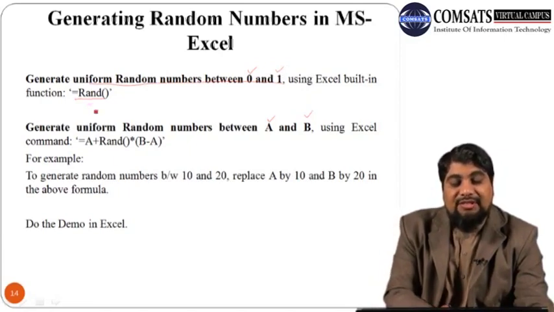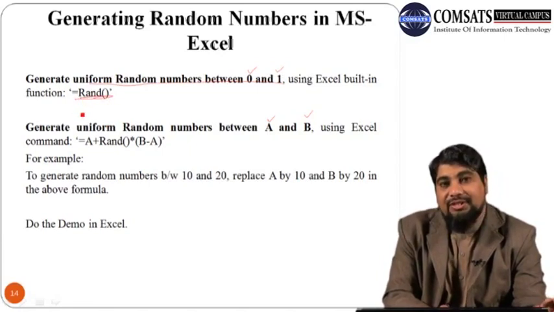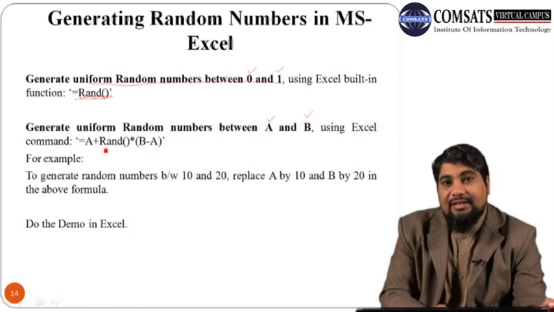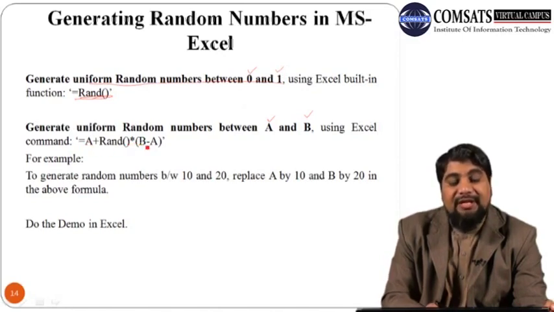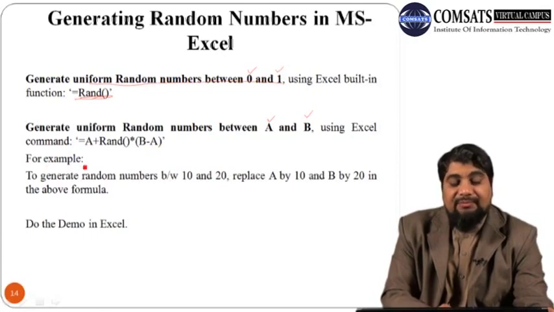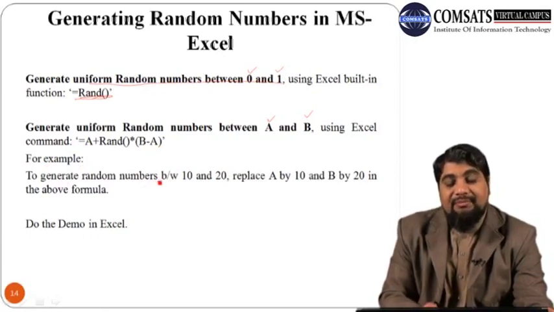then we can use the same RAND function with slight modifications to get uniform random numbers within the limits A and B. In order to generate uniform numbers between A and B, the formula is equals A plus RAND times B minus A, where A is the lower limit and B is the upper limit. For example, to generate uniform random numbers between 10 and 20, we replace A by 10 and B by 20.